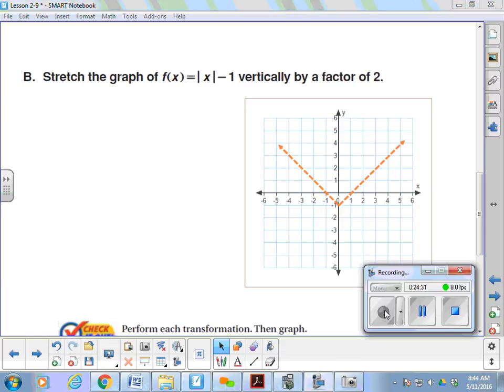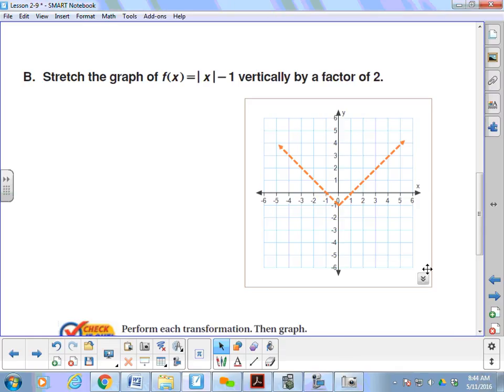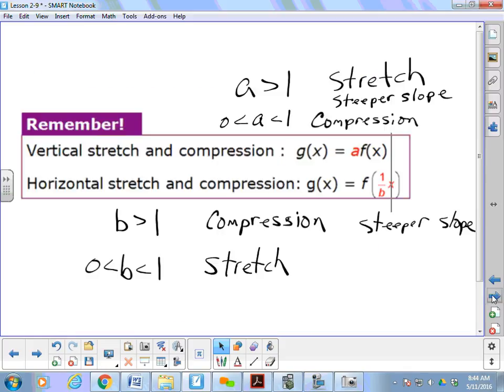If I'm stretching it vertically by a factor of 2, since a is that factor, the value of a is going to be positive 2. That means it's going to be a vertical stretch, and when I'm done, I'm going to have a steeper sloping graph.